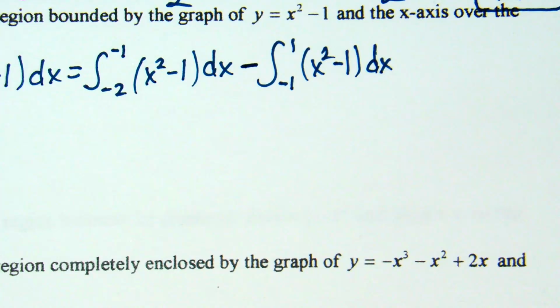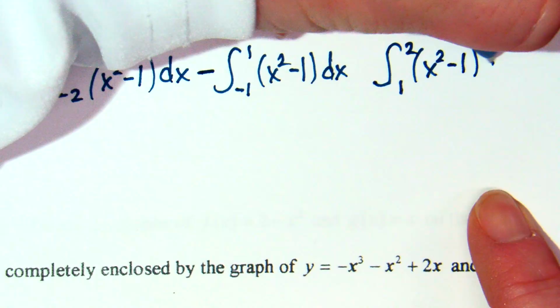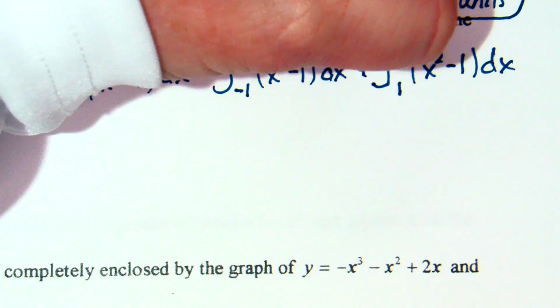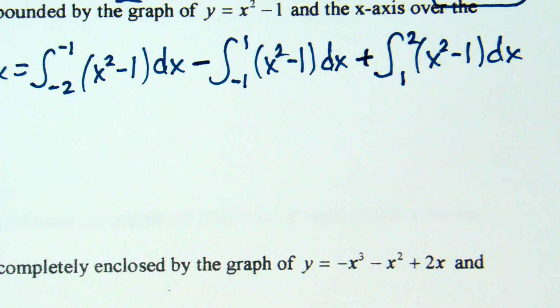And then what? The third section is the integral from 1 to 2 of x squared minus 1 dx. Are we adding or subtracting this section? Adding, because it is above the x-axis. Okay. If you wanted to, what could you do?